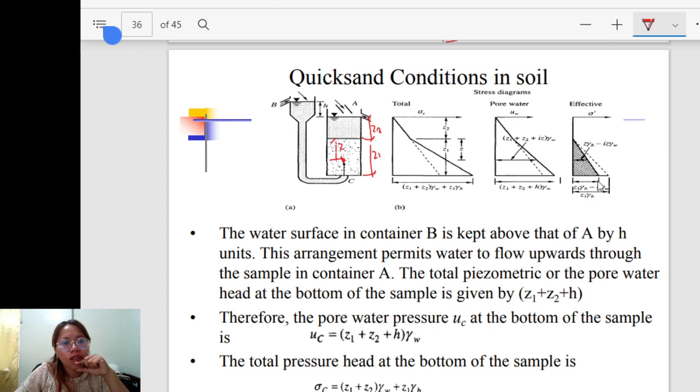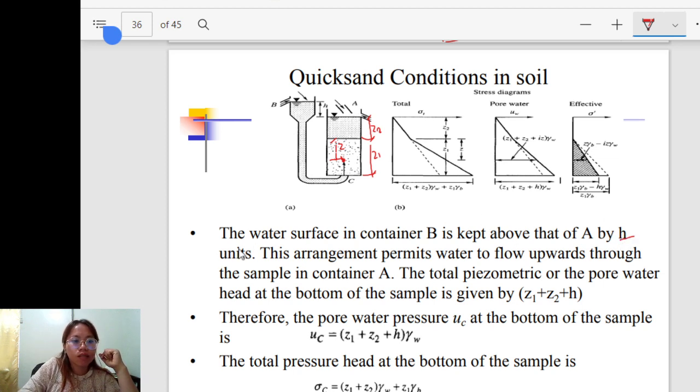And this one, alright, there is head loss. The water surface in container B is kept above that of A by H units.